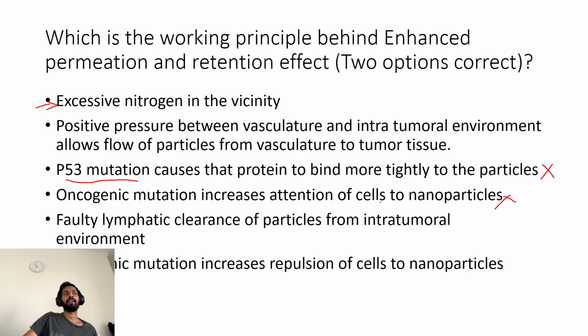Nanoparticles in no way can recognize any oncogenic mutation, so they have no way of perceiving if a cell has more mutations or less mutations. Oncogenic mutation increases repulsion of cells to nanoparticles, which is again not true. Nanoparticles cannot recognize mutations. So, excessive nitrogen in the vicinity, or positive pressure that causes leakage, or faulty lymphatic clearance of particles from intratumoral environment.